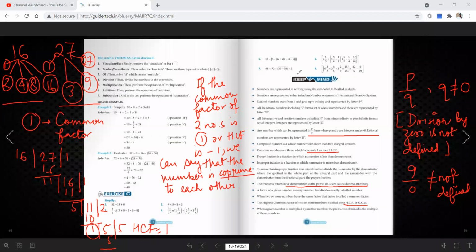That means if we find the GCD or HCF, we get only 1 from these two numbers. Is it clear? 16 and 25 are co-prime numbers, yes. In a pair, they are co-prime.